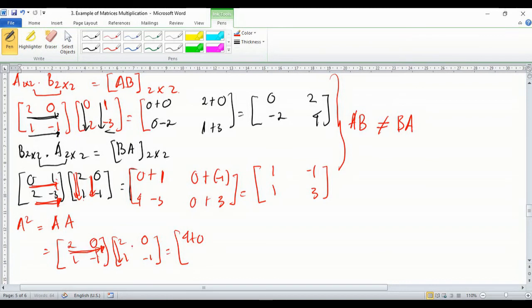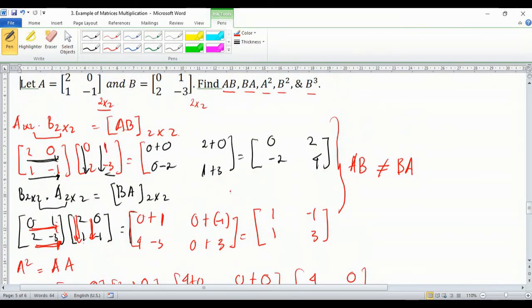First row with the second column: 2 times 0 is 0, 0 times minus 1 is 0. Second row with the first column: 1 times 2 is 2, plus minus 1 times 1 is minus 1, so 1. Second row with the second column: 1 times 0 is 0, minus 1 times minus 1 is plus 1. So this result will be 4, 0, 1 and 1. Okay, so this is for A square, right?